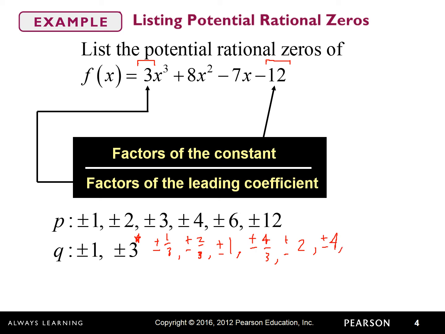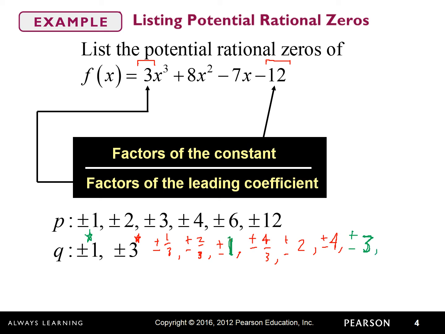And then once I've put everything over 3, I'm going to come back and put everything over the 1. Plus or minus 1 over 1, we already have that. Plus or minus 2 over 1, we already have that. Plus or minus 3 over 1, we have to list that because we don't have that yet. Plus or minus 4 over 1, we already have that.